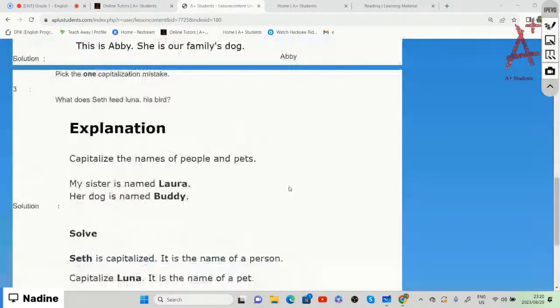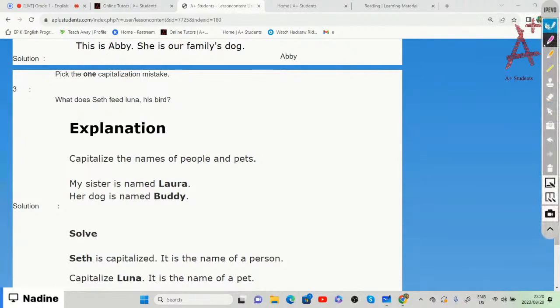All right, so we also need to pick one capitalization mistake here. What does Seth feed Luna? His bird. So Luna is the name of the bird.